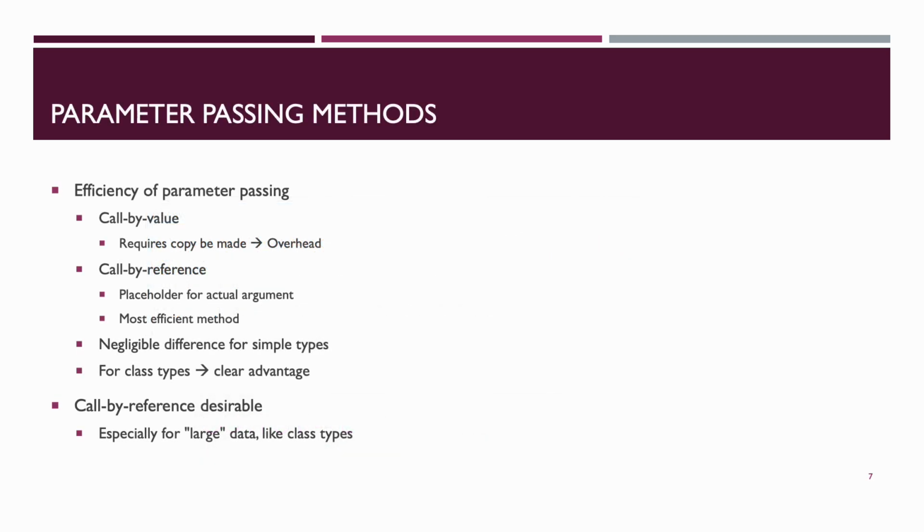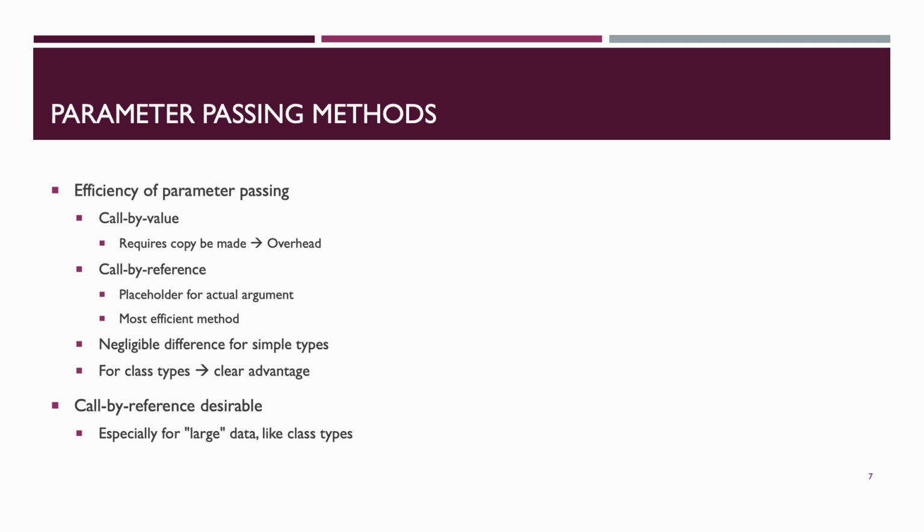Okay, so parameter passing methods. How we pass parameters to functions or methods has a significant impact on performance and efficiency, particularly when dealing with large or complex data types like class objects. So let's see. First, the efficiency of parameter passing, call by value. When we pass parameters using call by value, a copy of the actual argument is made.